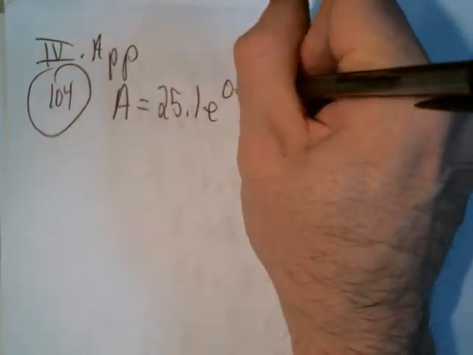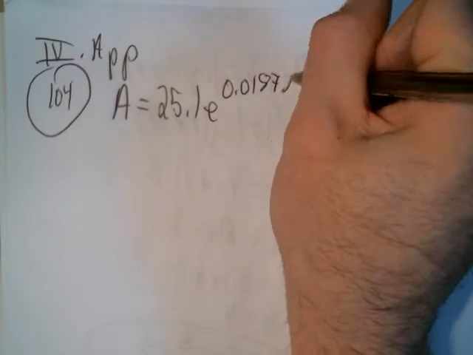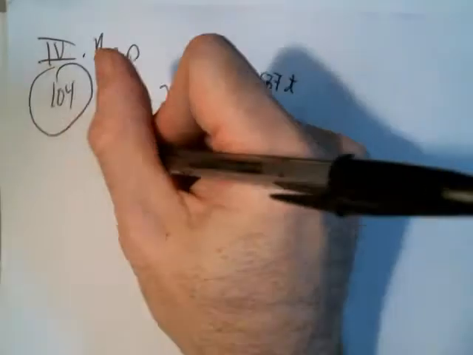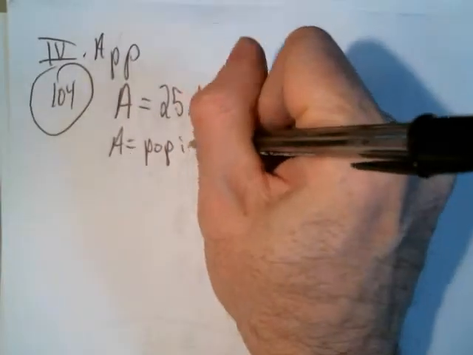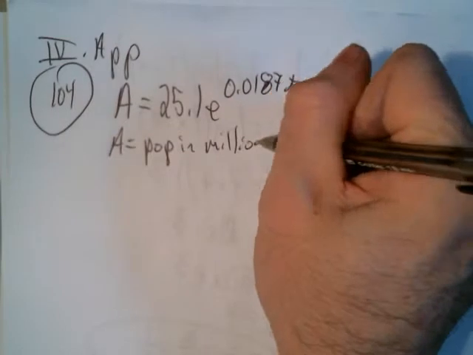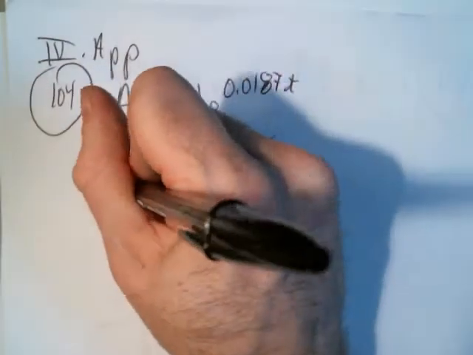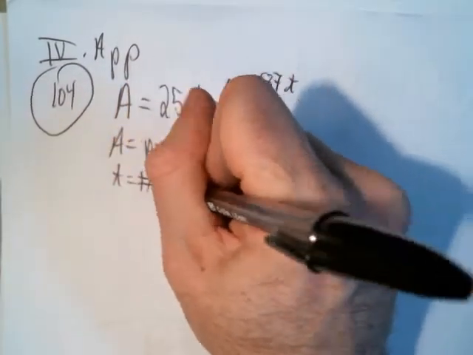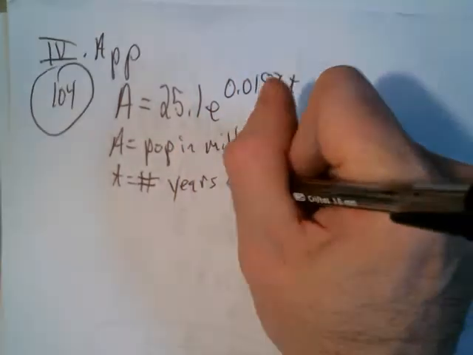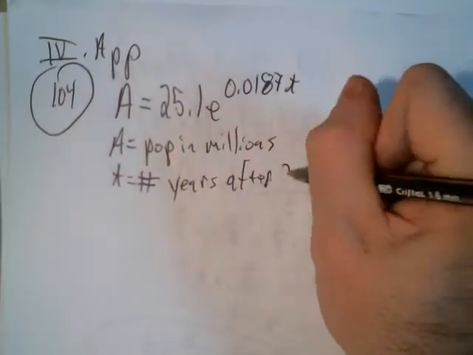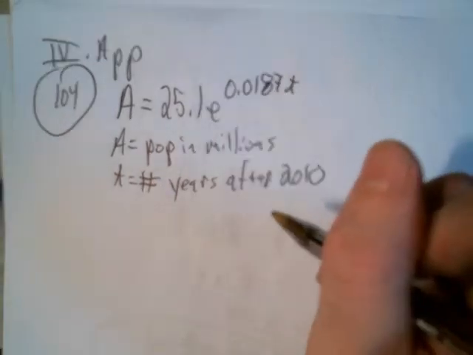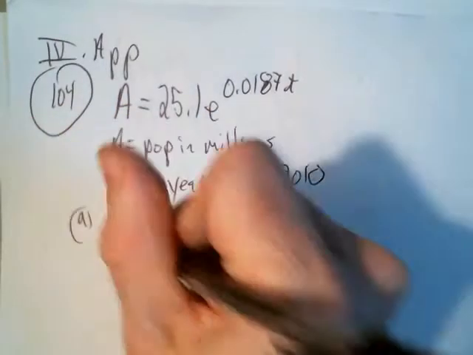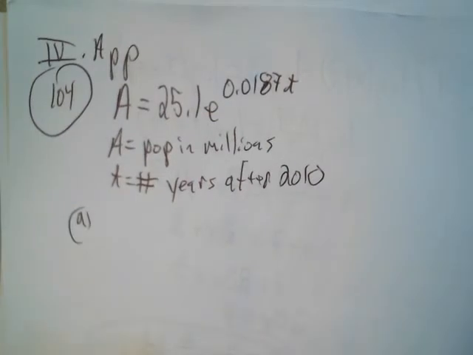A equals 25.1 e to the 0.0187t. A is the population in millions, and t is the number of years after 2010. First off, they want to know what the population is in the year 2010.